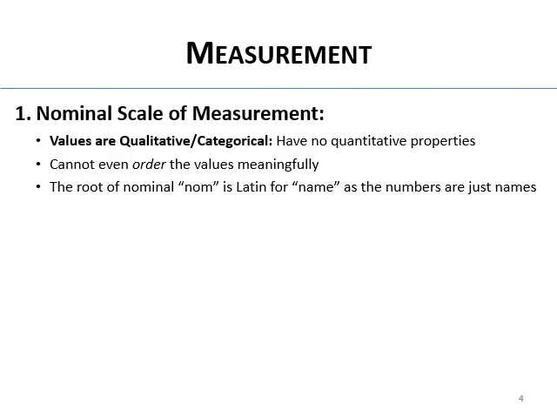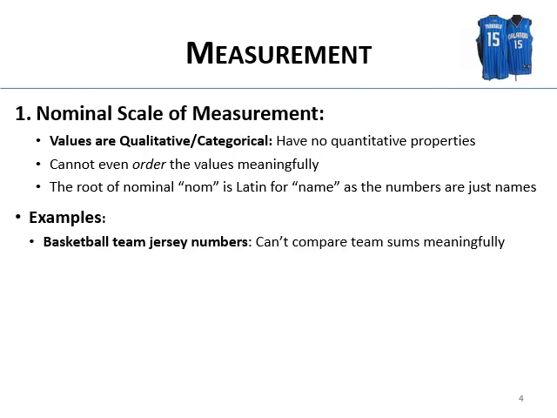One way to remember this is that the root of nominal is nom, which is name in Latin. They're just names for things. So in real life, there are basketball jersey numbers, right? Those are a nominal scale of measurement. If you sum the jersey numbers for some team and compare them to the sum of some other team, you have successfully done totally meaningless math, right?